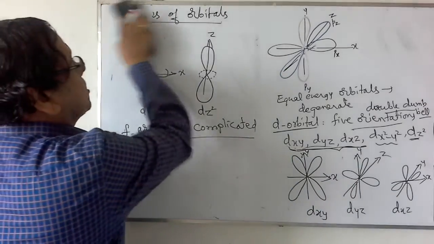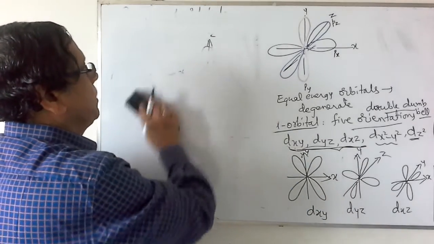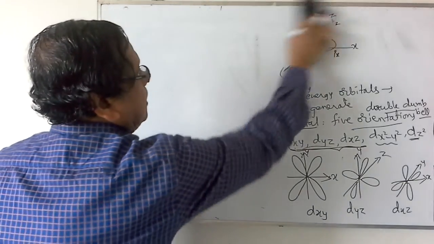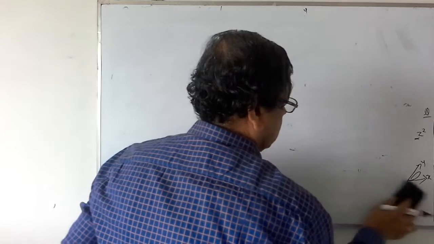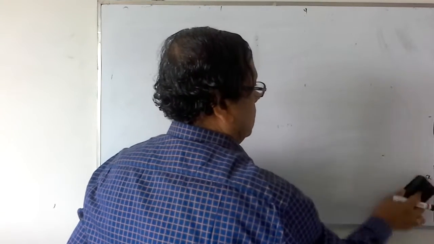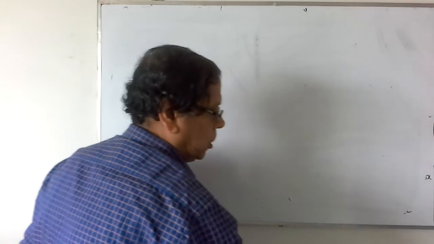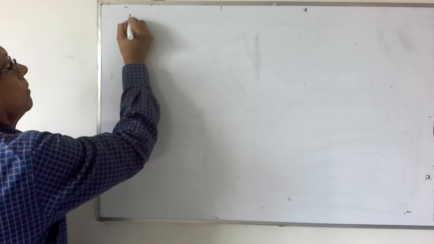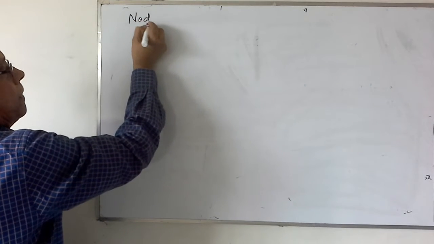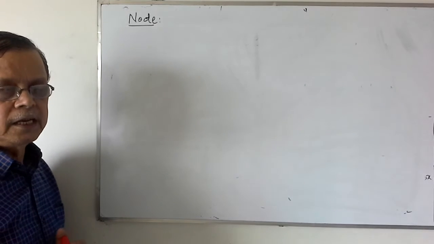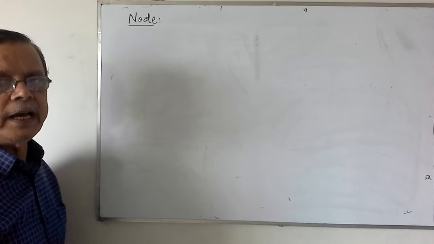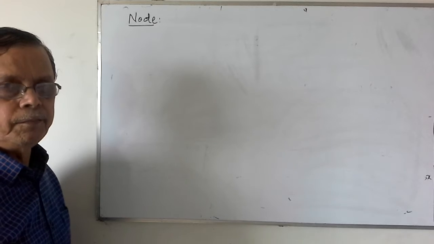Now after these shapes of the orbitals, s orbital, p orbital, d orbital, etc., let us consider a node. Node is the place or the space around the nucleus where electron density becomes 0.